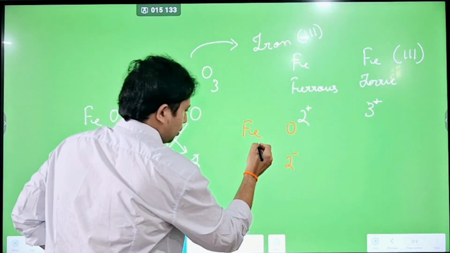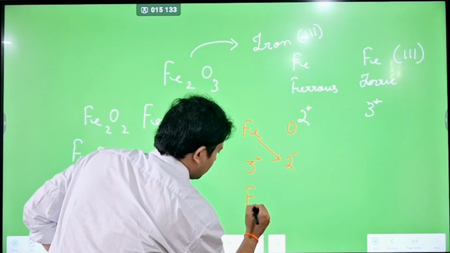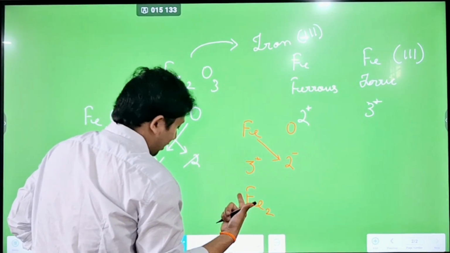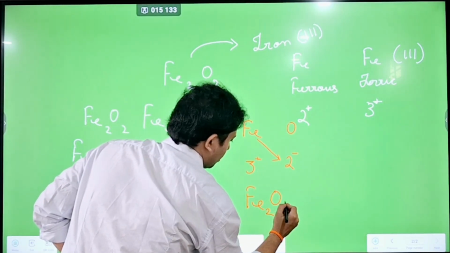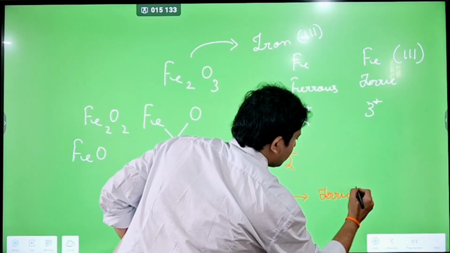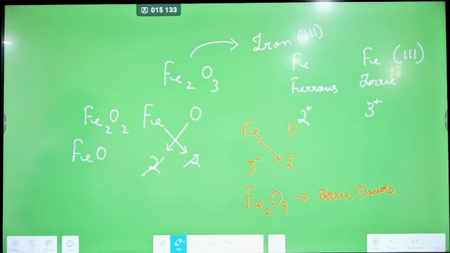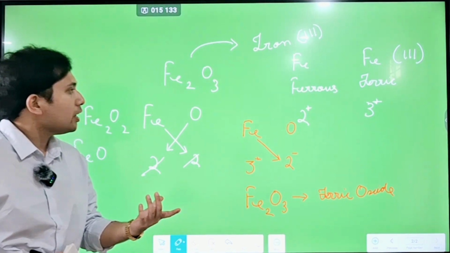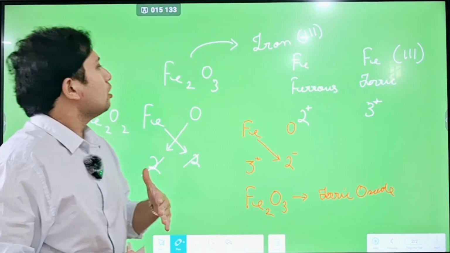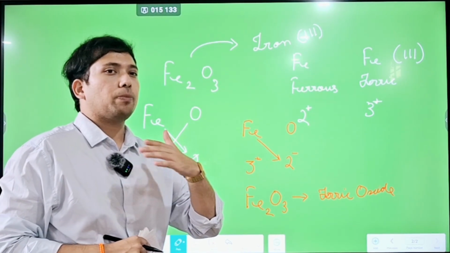When ferric oxide forms, Fe takes the power of oxygen, and O takes the power of ferric, so it becomes Fe2O3, and this compound is called ferric oxide. I hope your doubt is clear. If your doubt is not clear, then mention it in the comments. I will specifically upload a video on what the compound forms look like and their different powers.